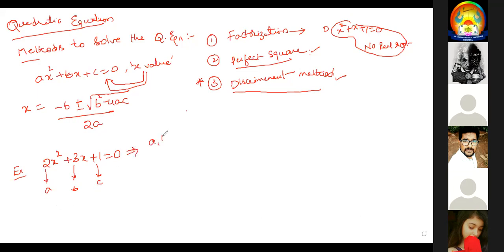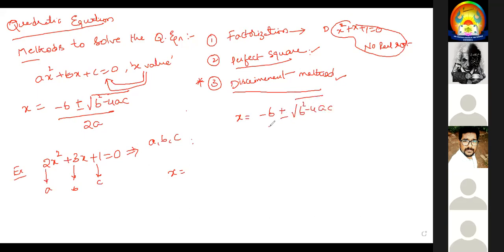After calculating the a, b, c values, write the formula x equal to minus b plus or minus root over b square minus 4ac by 2a. Now substitute the values. b is 3, b square is 9, 4 times 2 times 1 is 8, and a is 2.